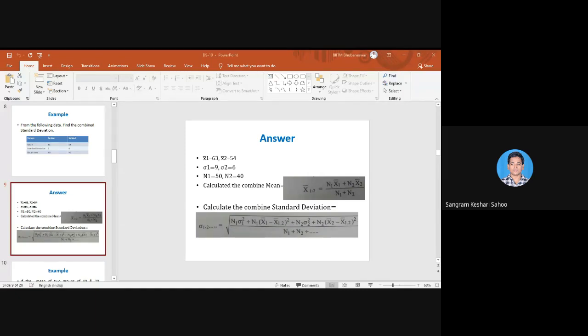Let's check from the bottom. Pradhan, what is your answer for the combined mean? Are you there? Agrawal, what is your answer for the combined mean? Where is Sangeeta Sahu? Parida. Okay.